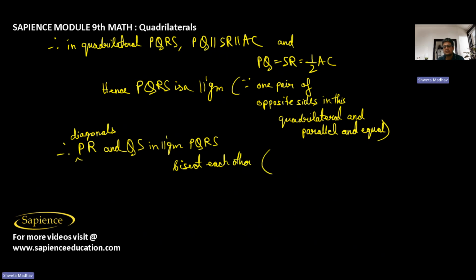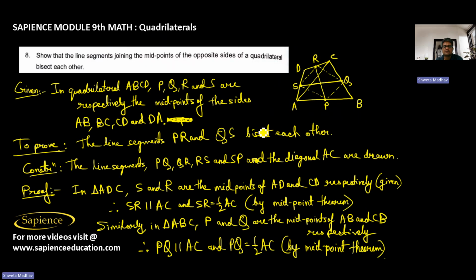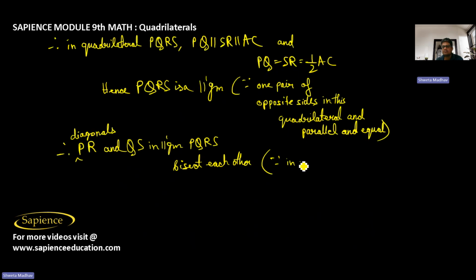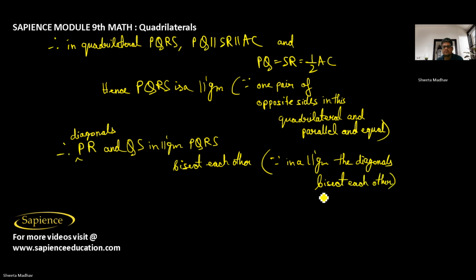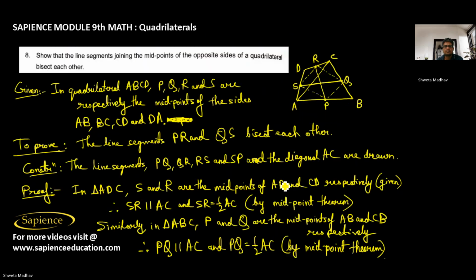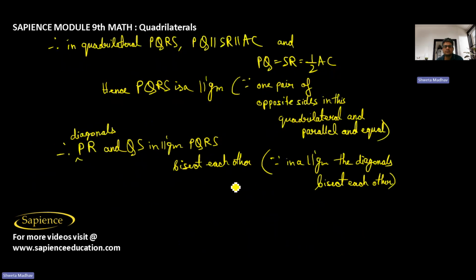Since we know that in a parallelogram, the diagonals will always bisect each other.